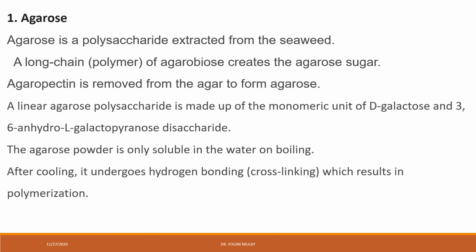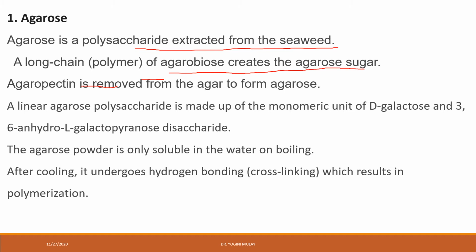Now, what is agarose? Agarose is nothing but a polysaccharide, and it is obtained from seaweed. Okay, and it is a long chain, or we can say that it is a polymer of agarobiose, and it creates the agarose sugar.